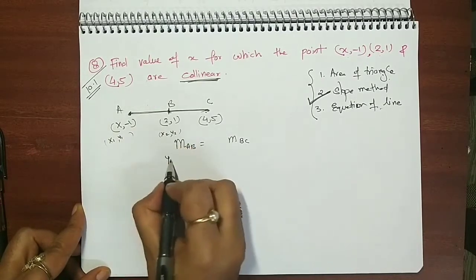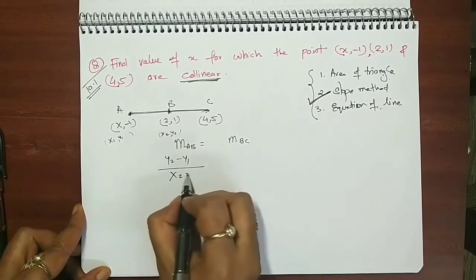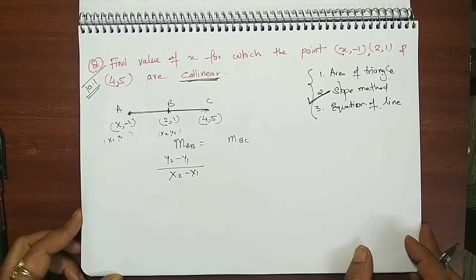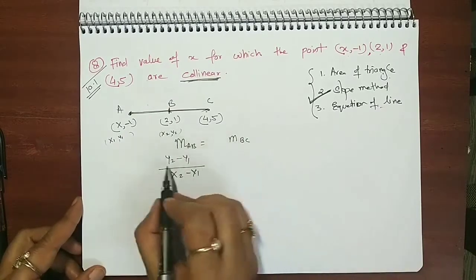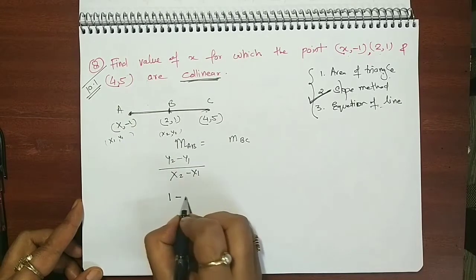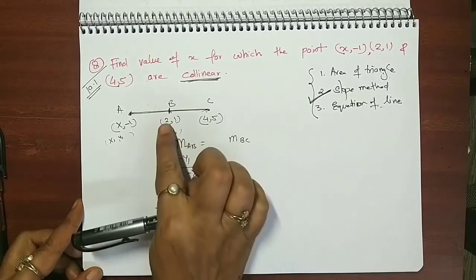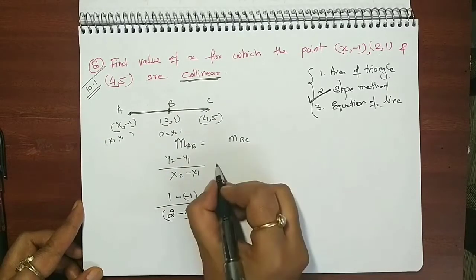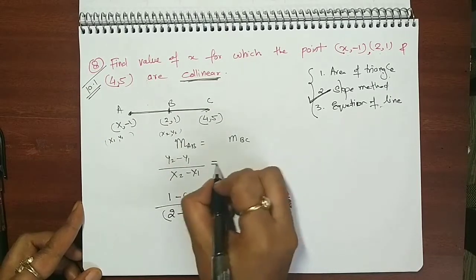So what is the formula? (y2 minus y1) by (x2 minus x1). Let me calculate. y2 minus y1 is 1 minus of minus 1, and x2 minus x1 is 2 minus of x.